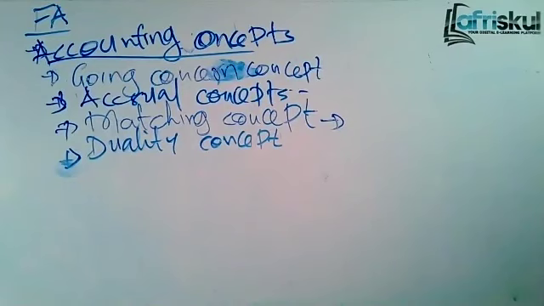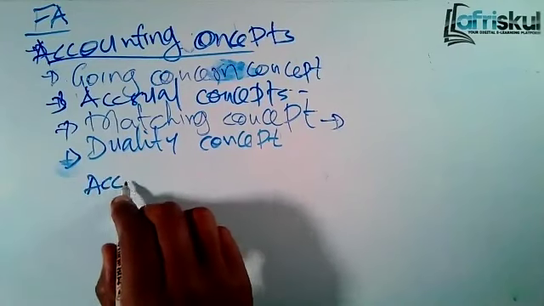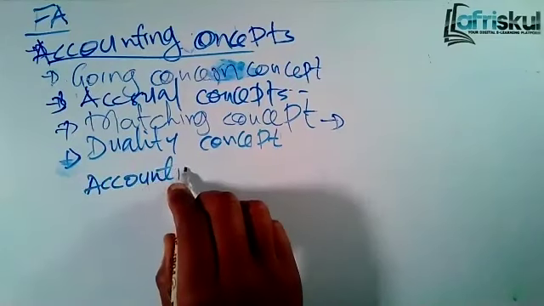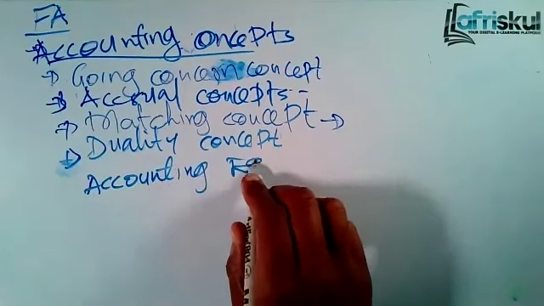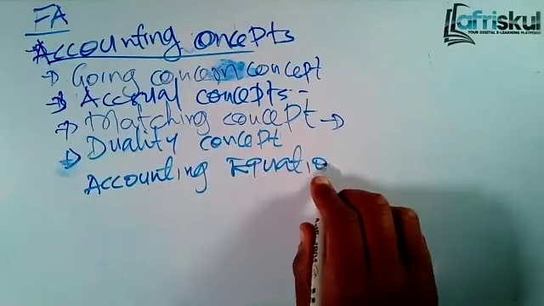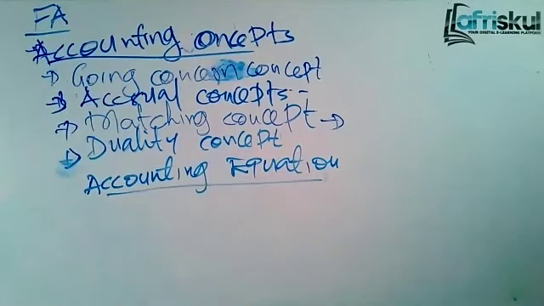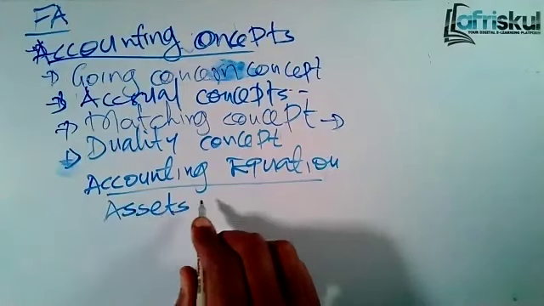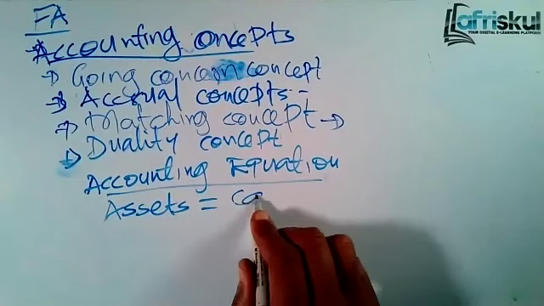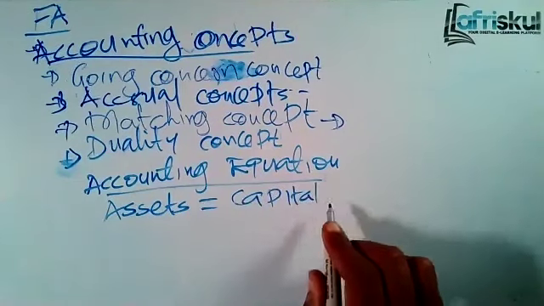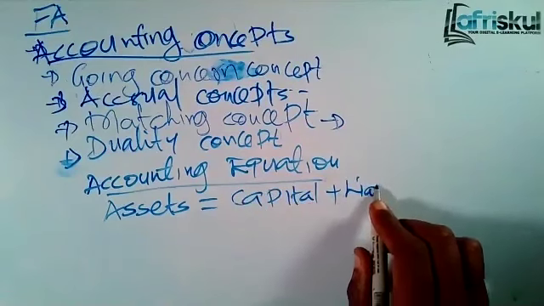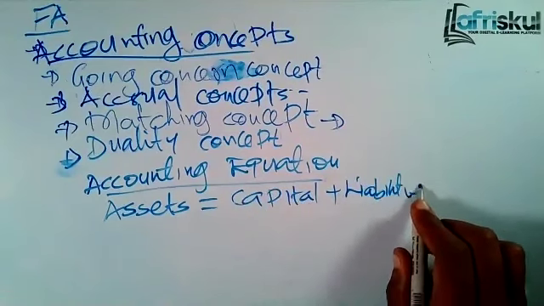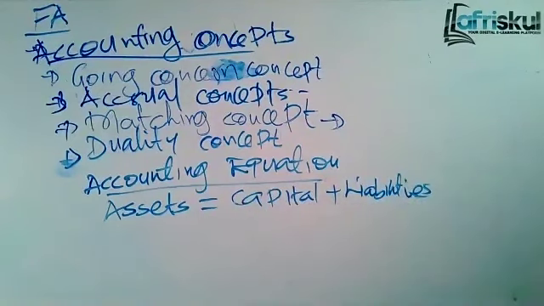Now, another part that we'll also have to cover to enable you to understand what I'm talking about is the accounting equation. When we talk of the accounting equation, it says that the assets should always be equal to the capital plus the liabilities.